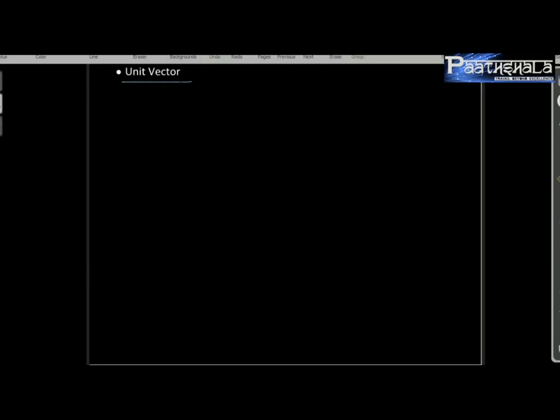Unit vector. We have already seen what a unit vector is. A unit vector is any vector whose magnitude or length is 1 unit. If this vector represents force, then this 1 implies 1 Newton or 1 dyne, according to what system you are using.